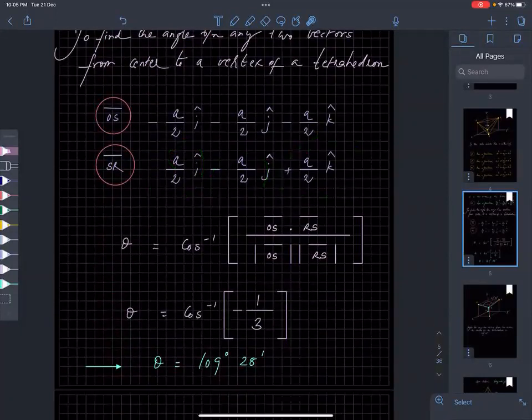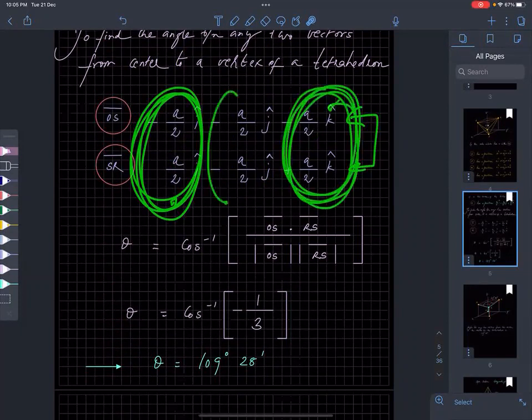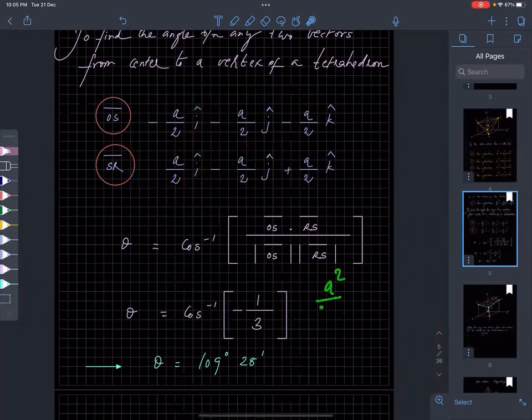Now what is the dot product of these two? These two will be minus A square by 4, these two will be minus A square by 4, and these two will be plus A square by 4. The plus A square by 4 and minus A square by 4 will cancel, so minus A square by 4 will be present in the numerator. In the denominator, what is the magnitude of this?